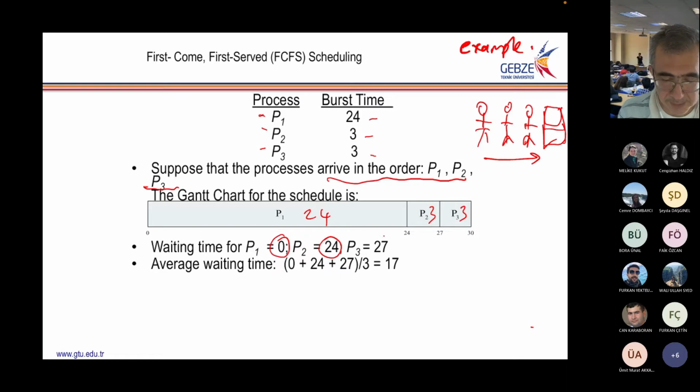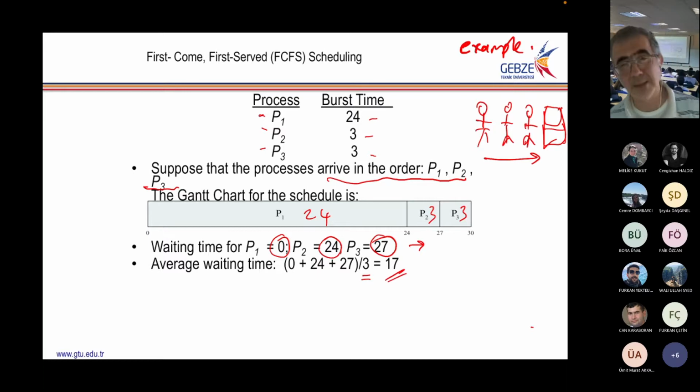How much waiting for P3? 27. Do you understand? I think yes. If it is no, please let me know, because not all of you can say yes. So waiting time, total waiting time, I mean, sum them up. So 24 plus 27 and 0 over 3, because I am interested in the average, is 17 milliseconds.